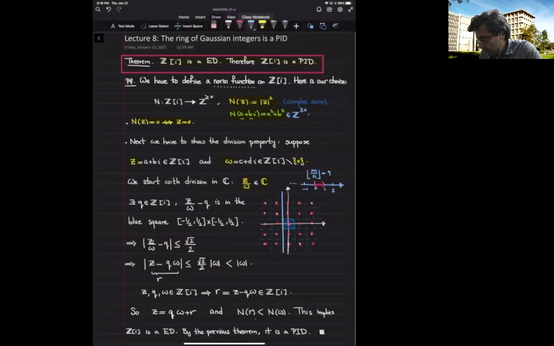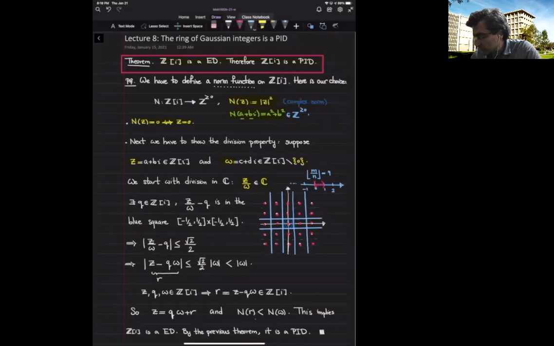So this one, and so on. We end up getting this tiling for the complex plane. And this tiling can help us to say that every point on this plane can be shifted by some Gaussian integer, and by a shift of a Gaussian integer, we can put it inside the blue square in the middle.